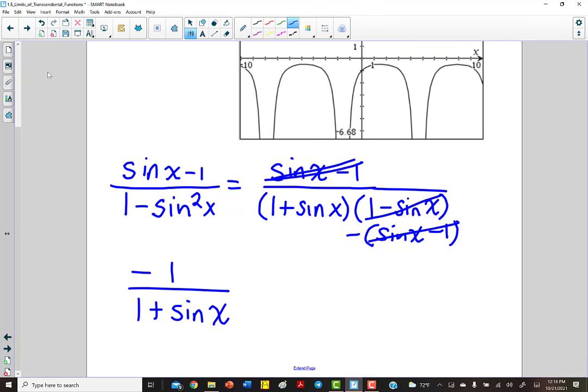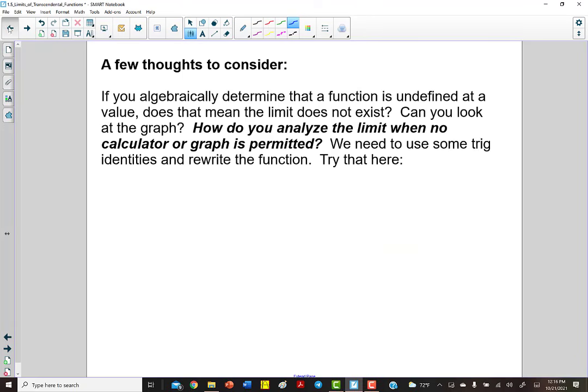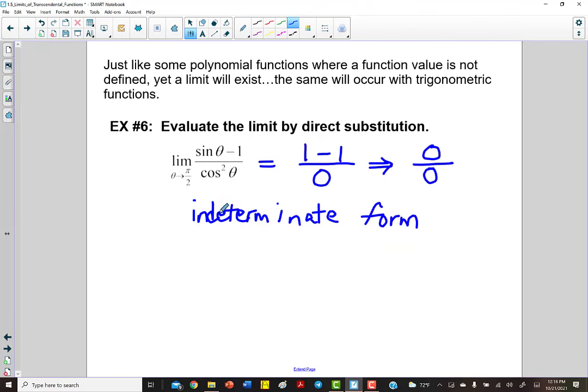And then if we wanted to back up to our previous problem, now I can substitute pi over 2, and our value at pi over 2, the limit, would be negative 1 over 1 plus the sine of pi over 2, which is 1. So the value of the limit at pi over 2 did exist. We just couldn't do that by direct substitution on this previous problem.